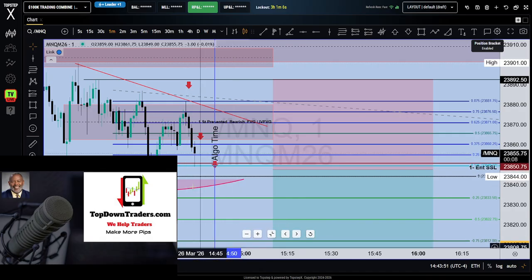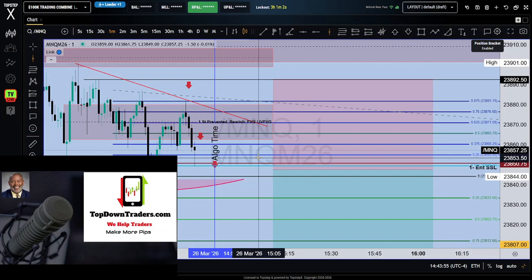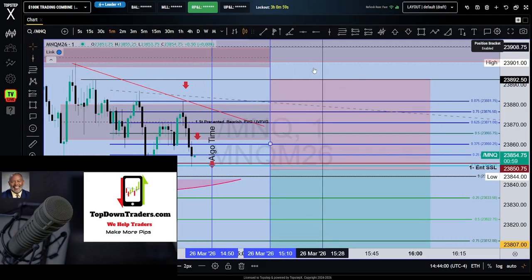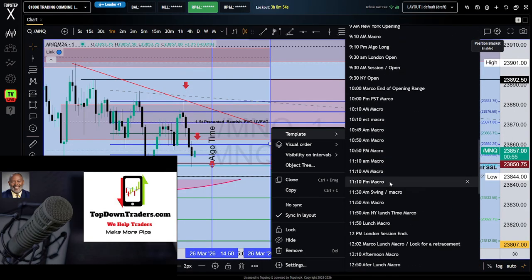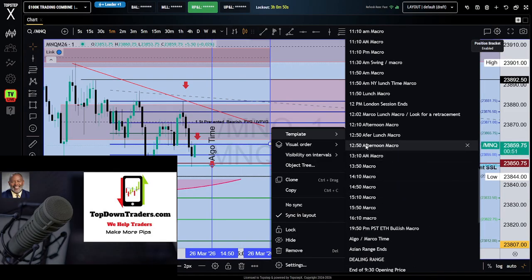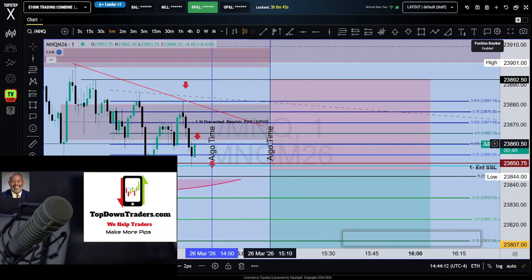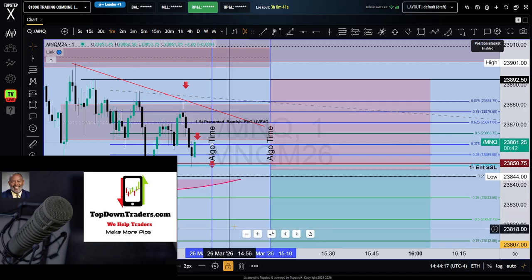Now I'm going to let this macro start, and it's going to end at 10 after 15 right here, and this is going to be macro time as well. Algo macro, let's lock that. That one's locked.